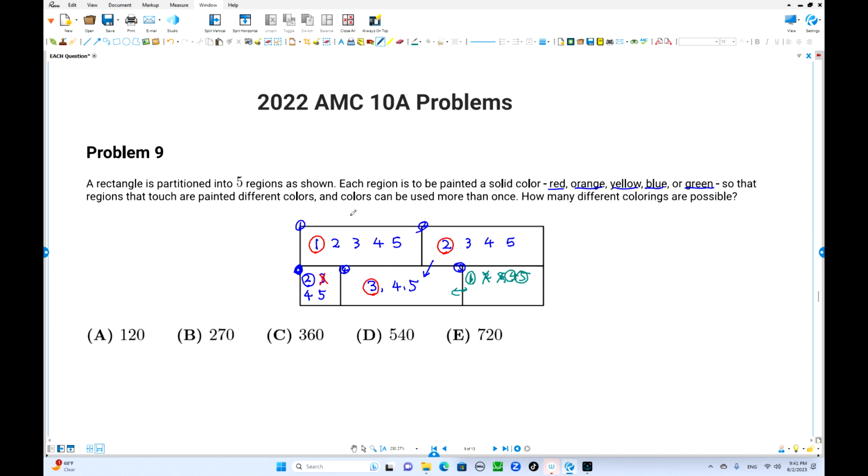So region 1 has 5 possible numbers, region 2 has 4 numbers, region 3 has only 3 numbers, region 4 has 3 numbers, and this one also has 3 numbers. So this is 20, this is 27, and the total is 540. That's the answer. Thank you, I'll show you in the next video.